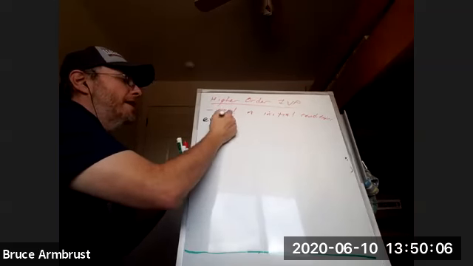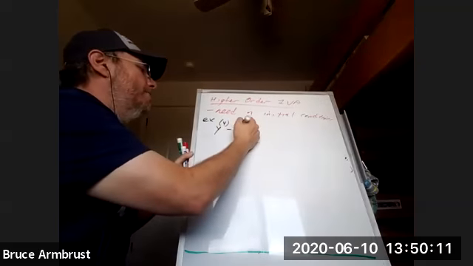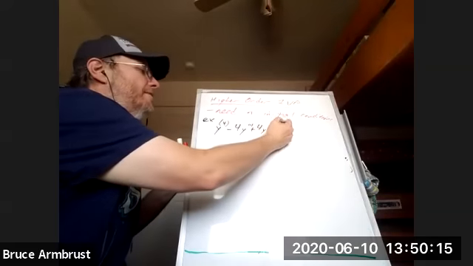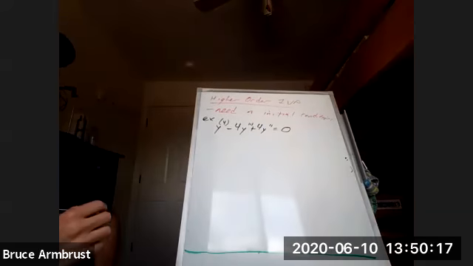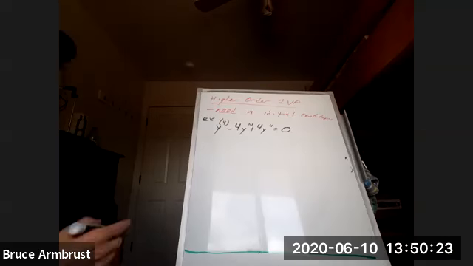So let's say we've got a differential equation where we've got the 4th derivative minus 4 times the 3rd derivative plus 4 times the 2nd derivative is equal to 0. And now we're going to have 4 pieces of information.